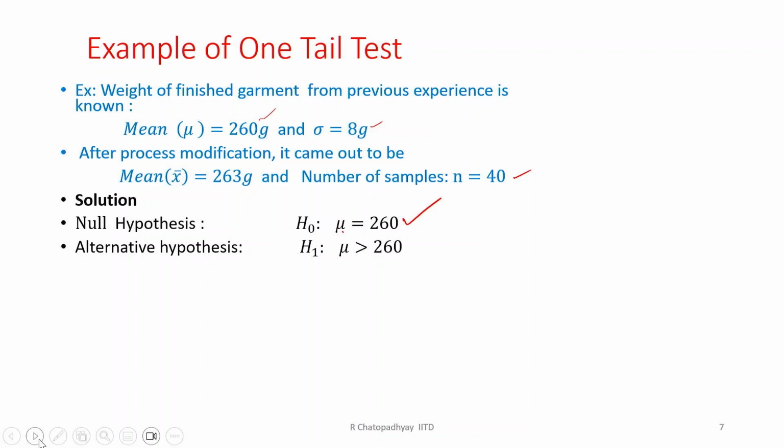That mu is more than 260. That is, after the process has been changed, the population mean is no more 260. It has increased, and a reflection of that we observe in the sample mean, which is 263 gram now. So we are interested to know. So the alternative hypothesis we are writing is mu is greater than 260.